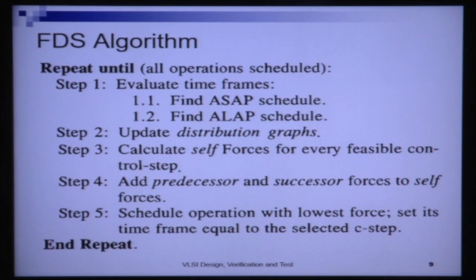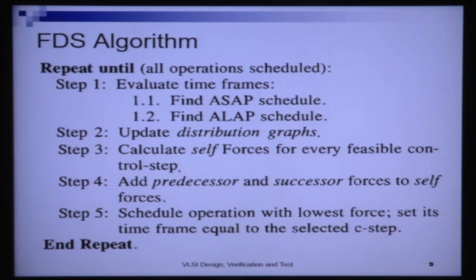Then add the predecessor and successor forces to the self forces, and then find the total force, find the operation with the least total force and schedule that operation with the least force. Set the time step of that operation to the selected C step.